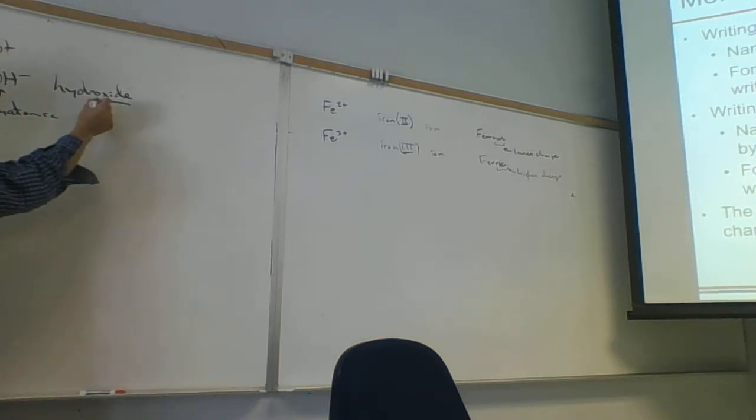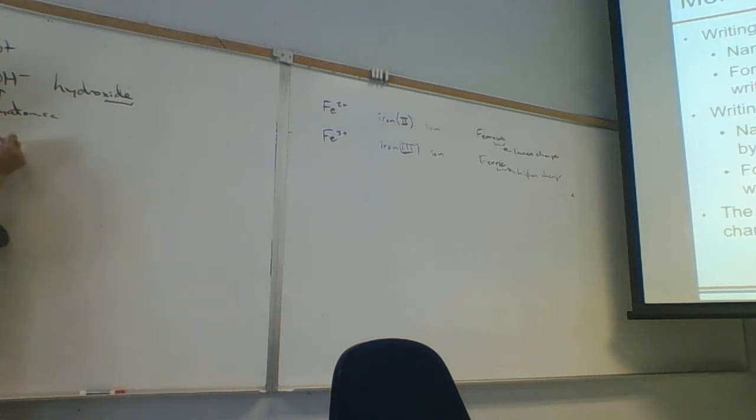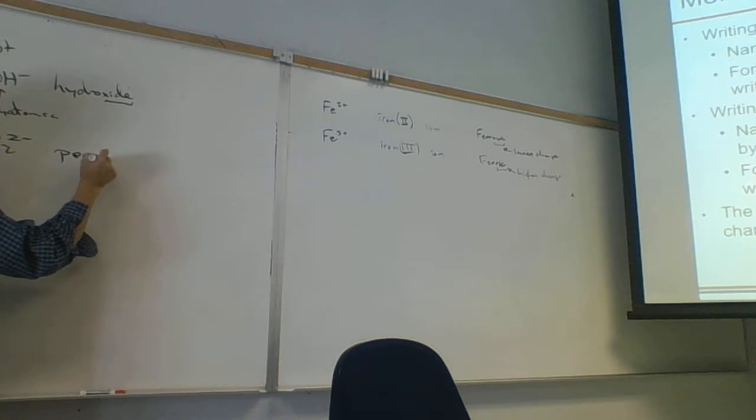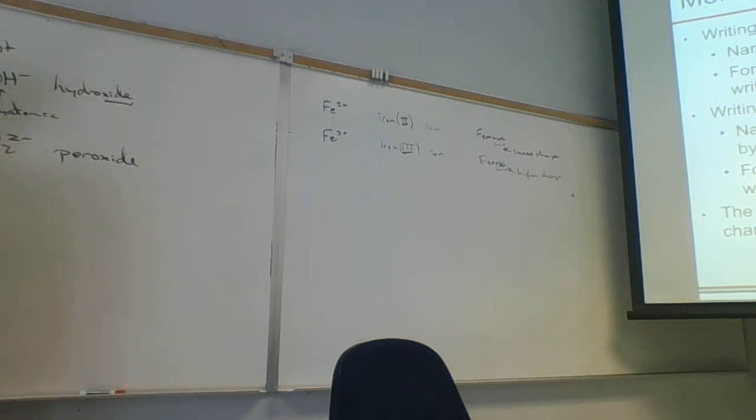Another polyatomic that ends in ide would be O2 2 minus, which is called peroxide. And then we have CN minus, which is cyanide.